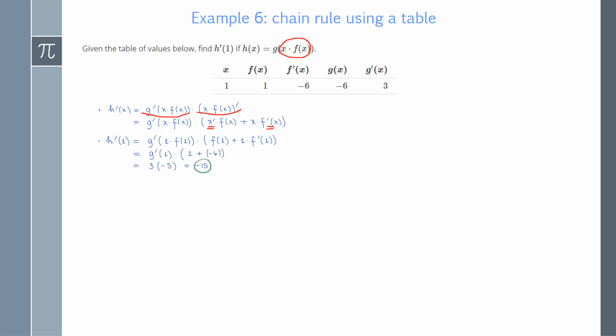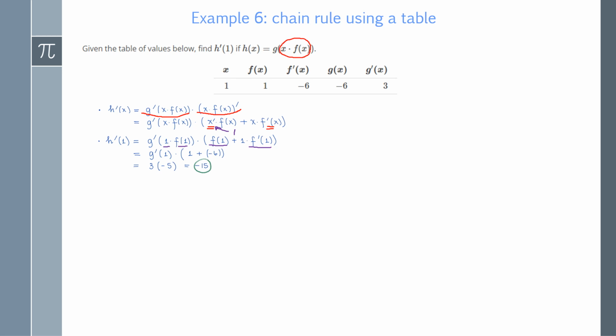Okay, so remember x is equal to 1, and also x prime, that's just 1. Okay, so what do we have here now? 1 times f of 1, and then over here we have f of 1 plus 1 times f prime of 1.